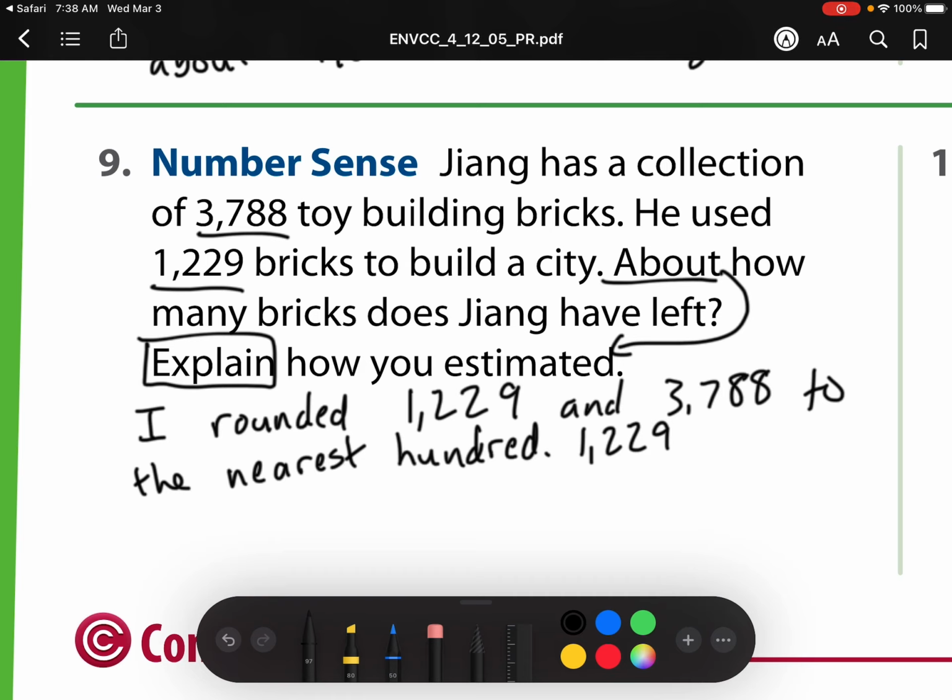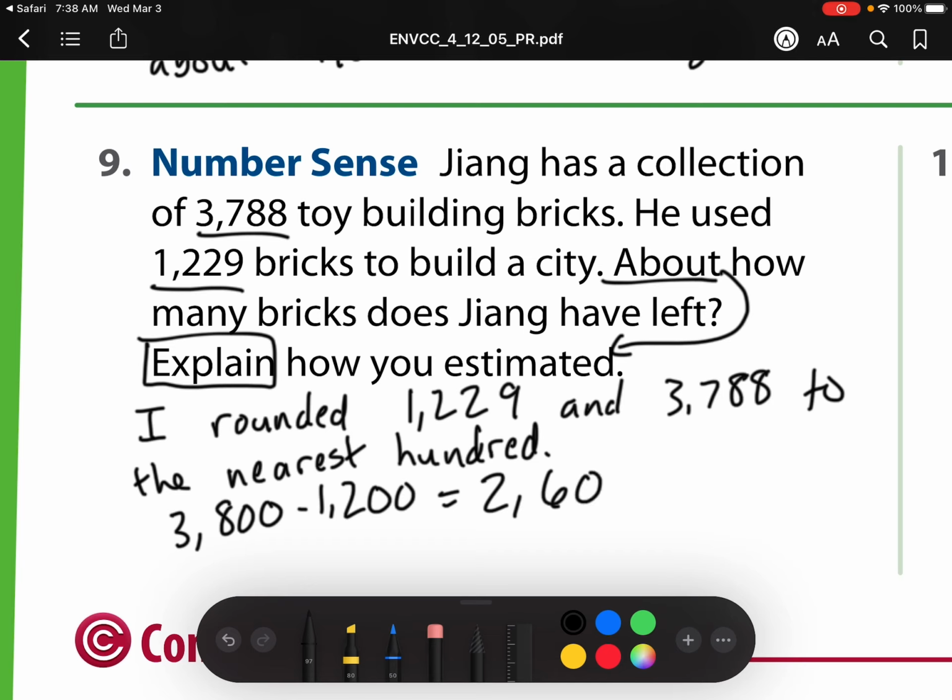Becomes 1,000. Actually, we're just going to go straight to writing our equation. We're almost to 5th grade, so we can head straight there because we explained it well. So that's going to be 3,800 minus 1,200 equals 2,600. So how many bricks will we have left?